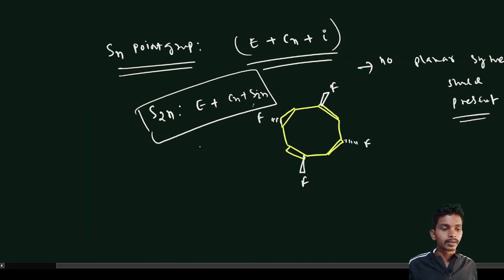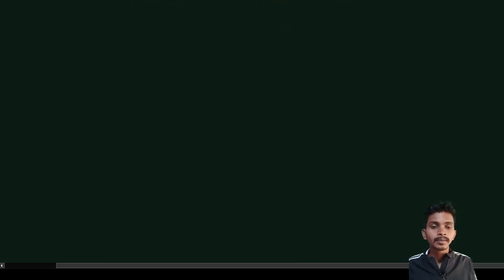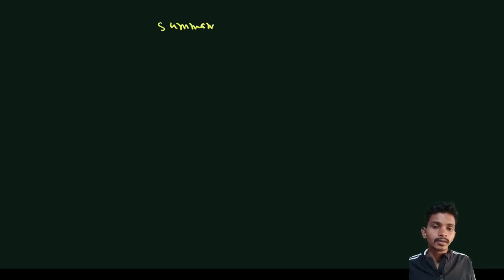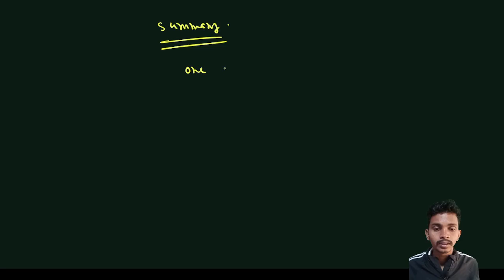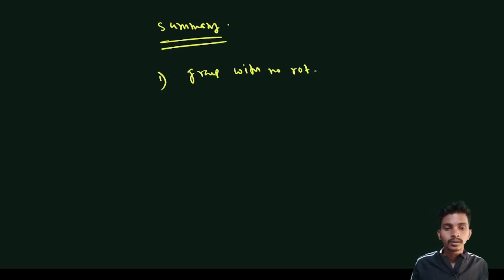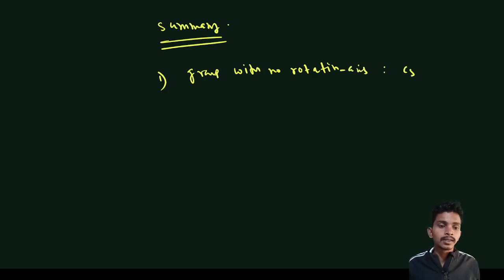And now we will list out all the symmetry elements. So let me give a summary. The first category is groups with no rotational axis, that are Cs, Ci and C1.